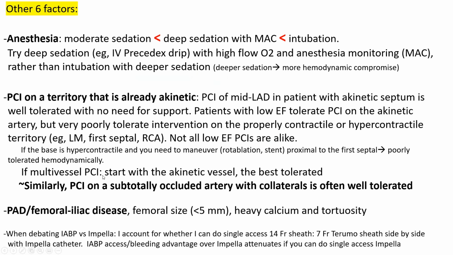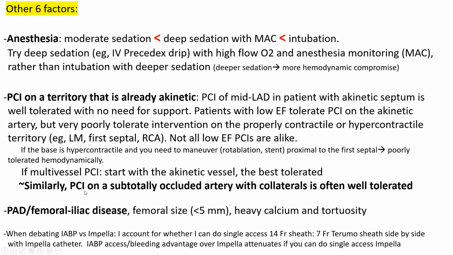So if you have multi-vessel PCI, it's nice to start with the akinetic vessel, which is the best tolerated, then fix the non-akinetic ones later on, because those will be poorly tolerated. So if you have a mid-LAD and proximal RCA and the anterior wall is akinetic, fix the mid-LAD first, then fix the proximal RCA.